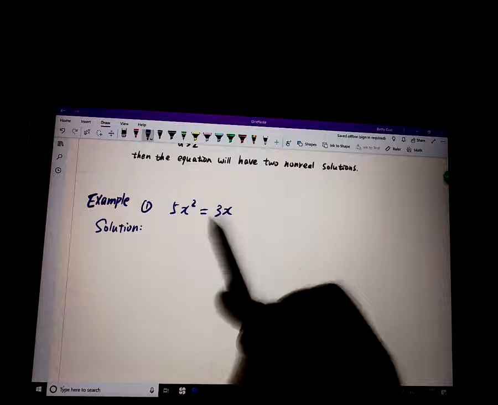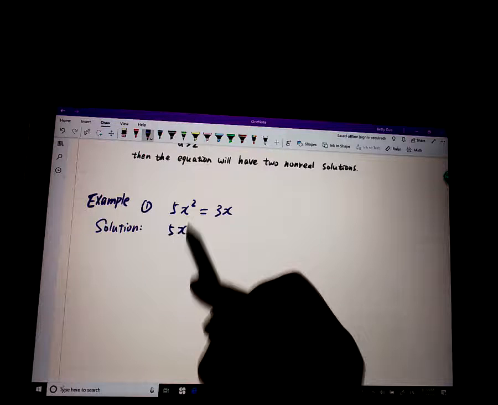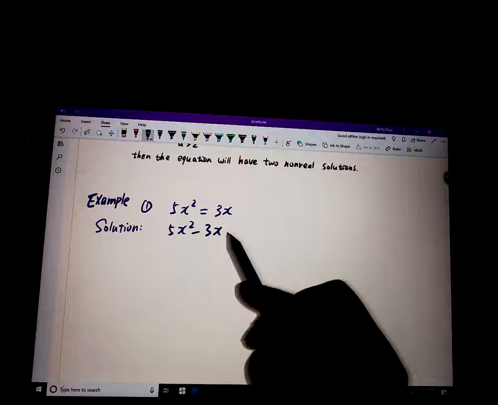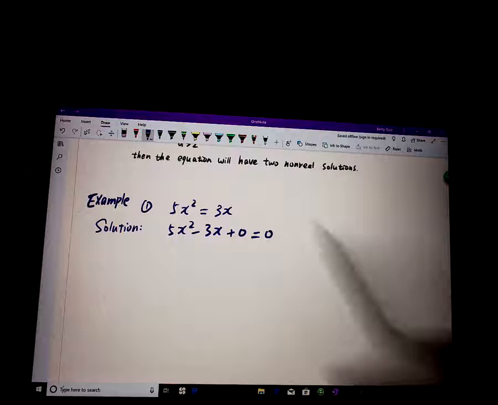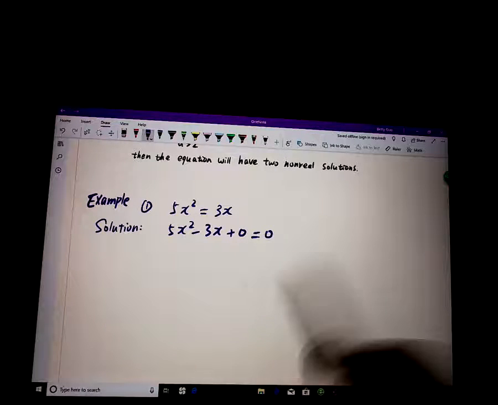First thing to do is to rewrite the equation in the standard form. 5x squared minus 3x plus 0 equals 0. Yes, the constant term is missing, so I put a 0 there to hold a place.